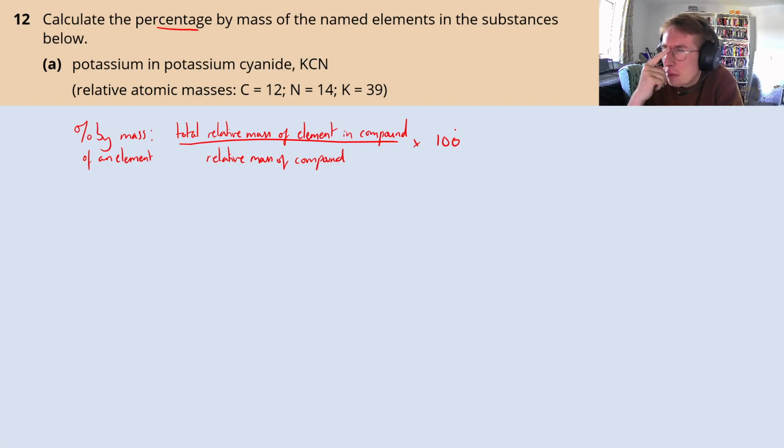This should always be a value between 0 and 100 because it's a percentage, the percentage composition of something, the percentage that something is making up something.